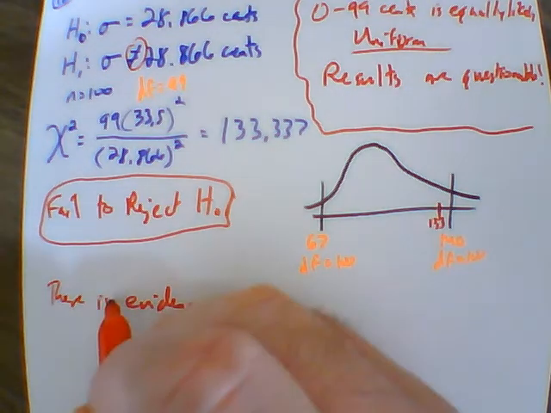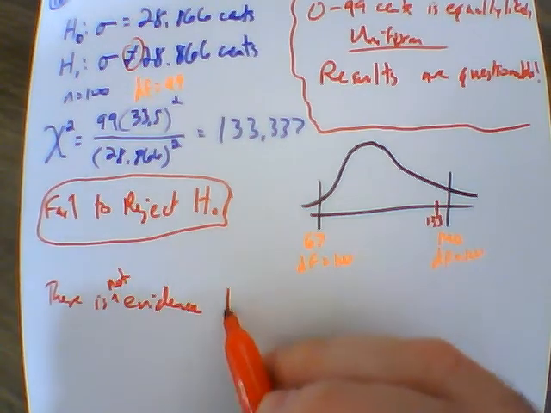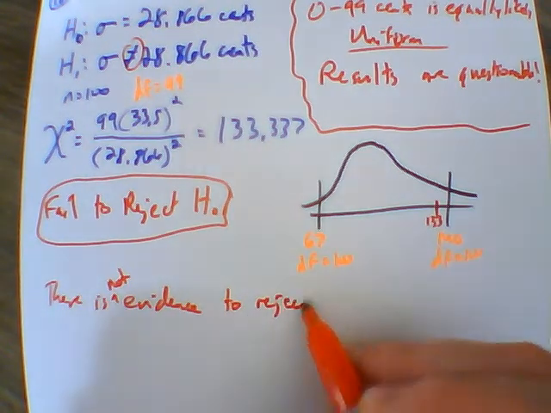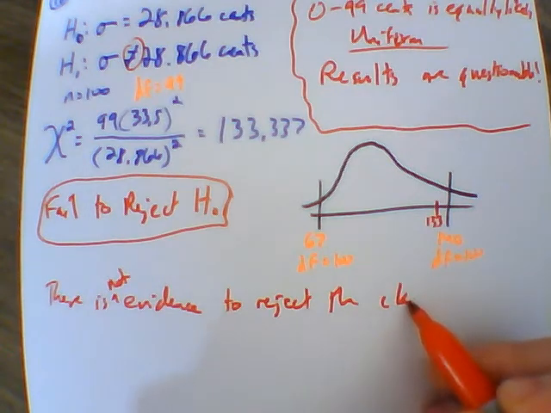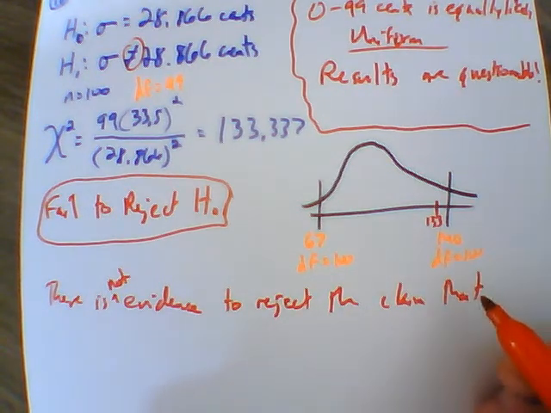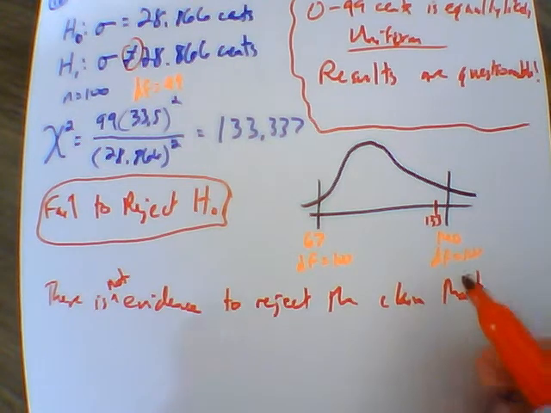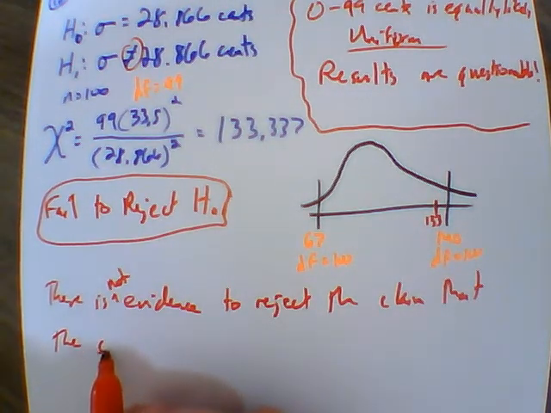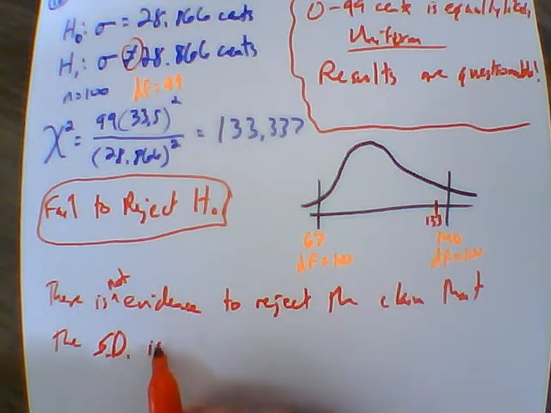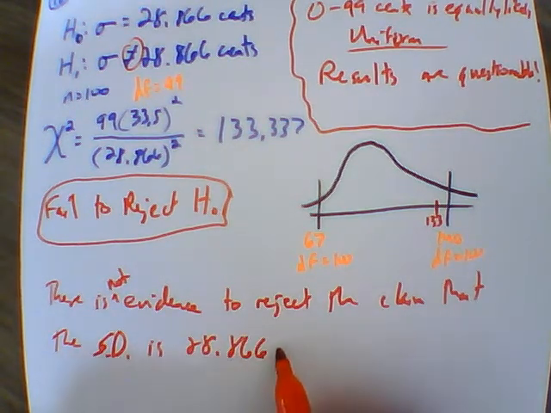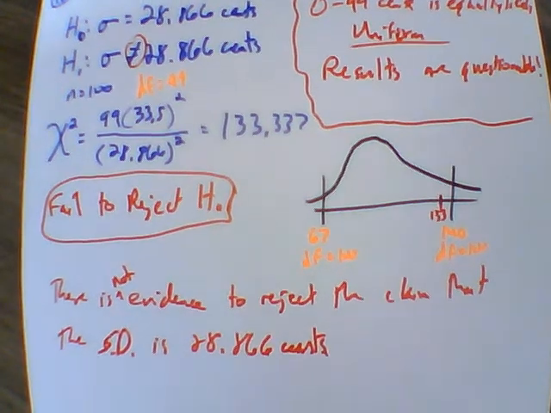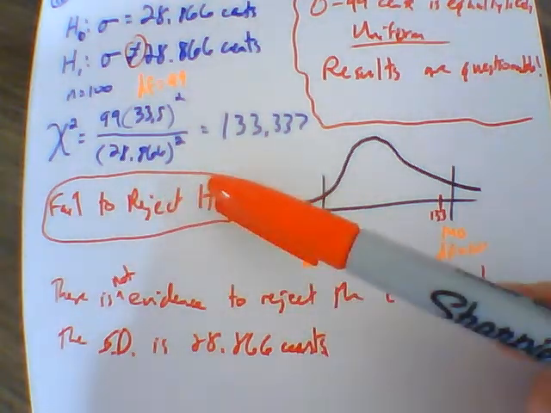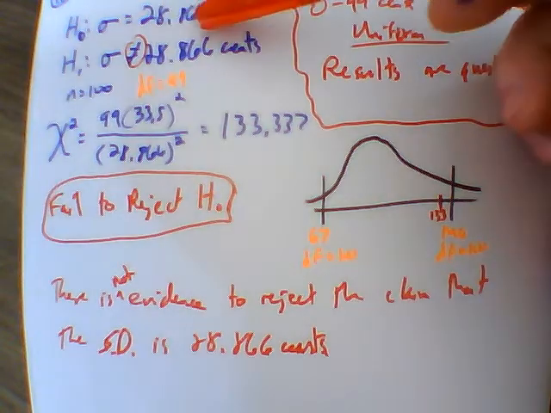Once again, there is not evidence to reject the claim that the standard deviation is 28.866 cents. Basically, we're never going to side with the null hypothesis.